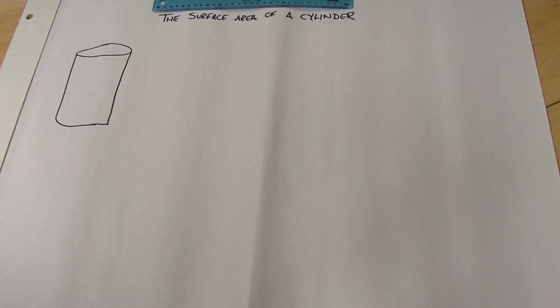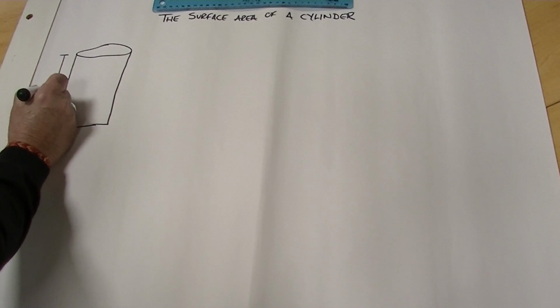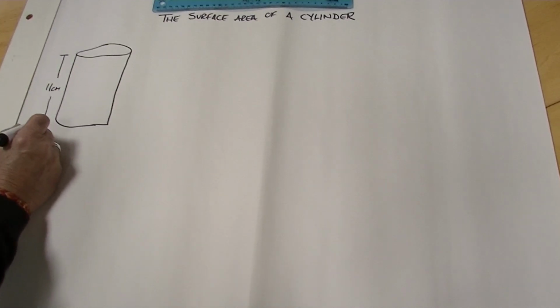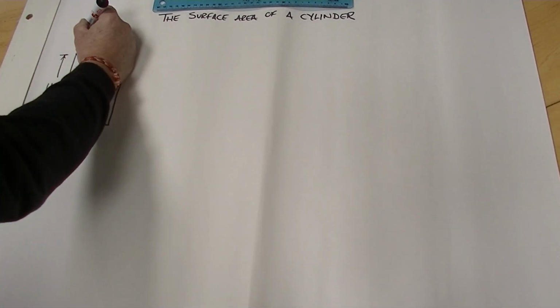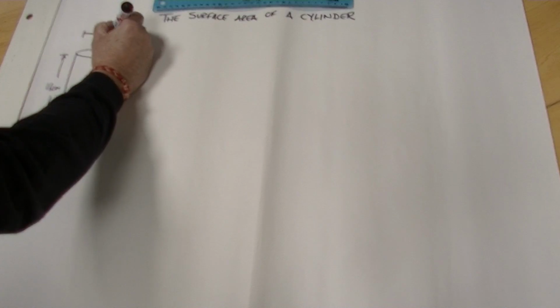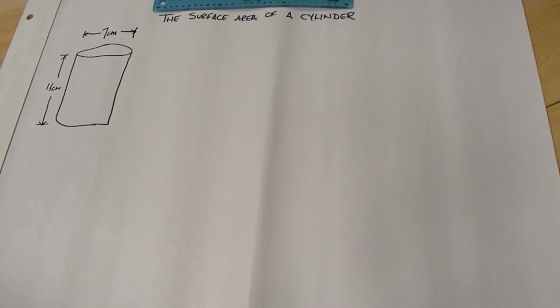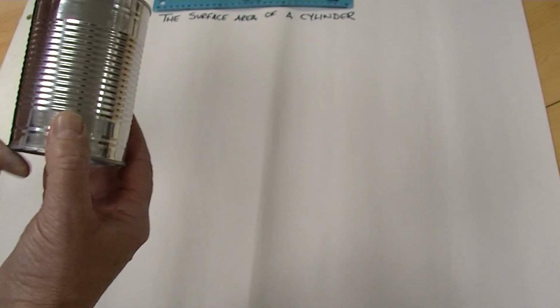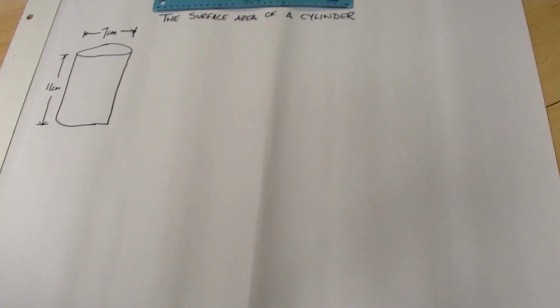I've pre-measured the cylinder and I know that the height is 11 centimetres and that the diameter is 7 centimetres. So the height is 11 and the diameter of the circle is 7.